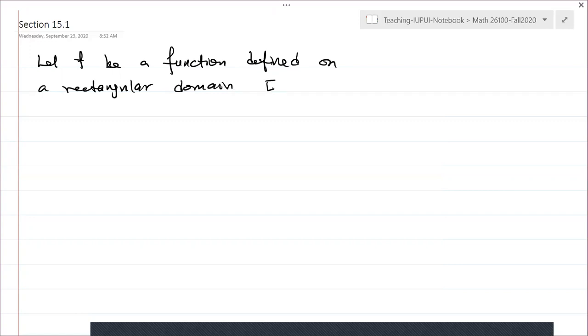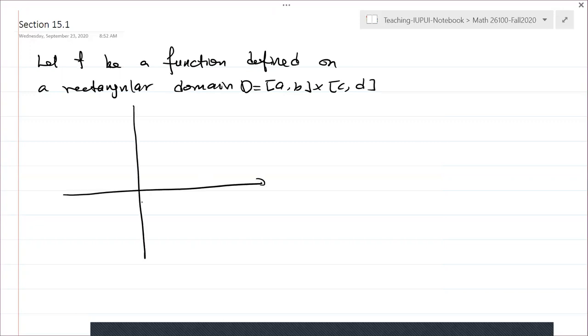The domain is called A, a cross product, written in this form. If I draw the domain here as a, b, c, d, you get a rectangle in the plane.